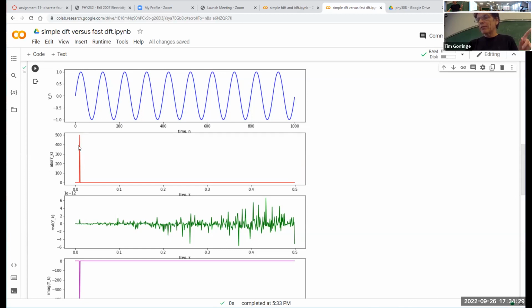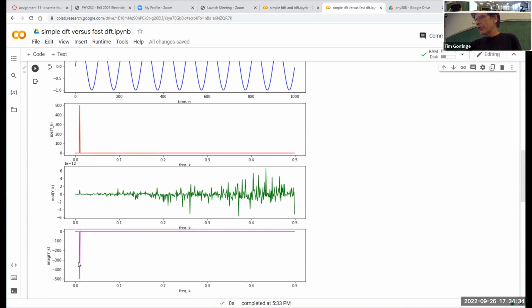I see it in the absolute value. And I also see it in the imaginary component of the frequency domain data. This looks like it is complicated in the real component, but actually look here, it's 0 essentially. So this is essentially 0.